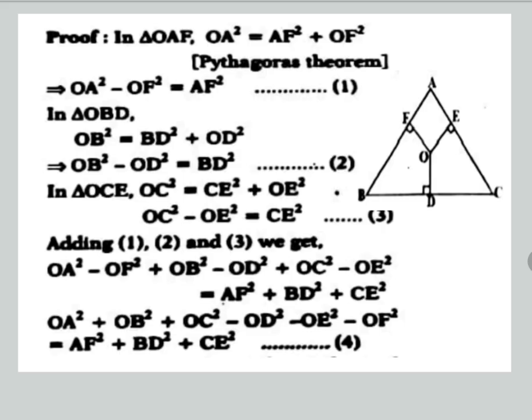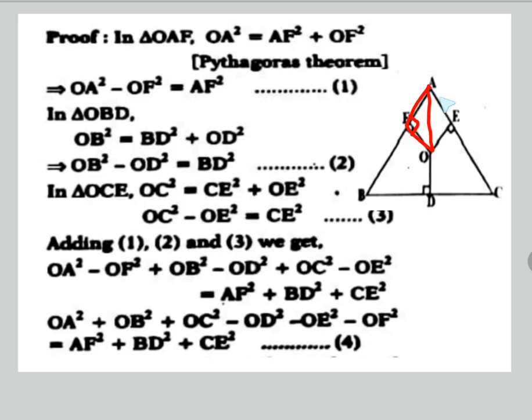Now from this, OAF, this is the triangle OAF with 90 degrees at F. So OA is hypotenuse and AF and OF are the other two sides.